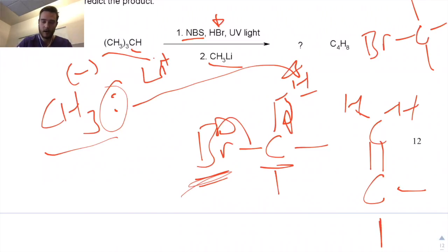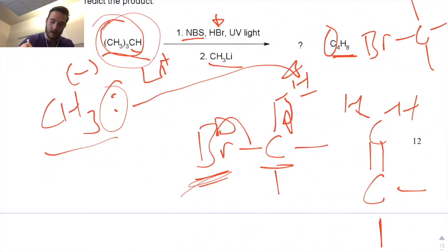And that's our final product right here. And we can see that we started with 4 carbons, ended with 4 carbons, started with 10 H's, ended with 8 H's, meaning we gained an element of unsaturation, which is seen right here in the double bond.